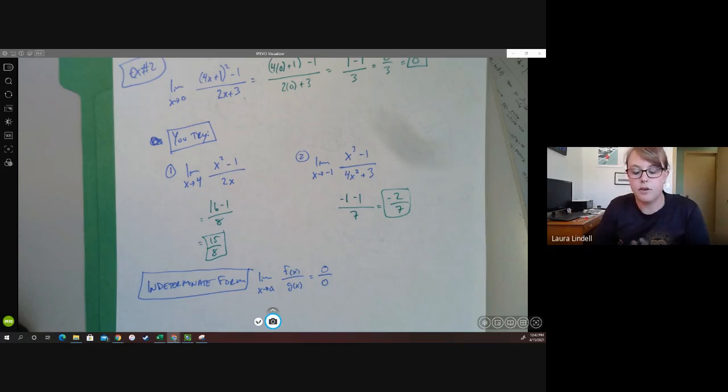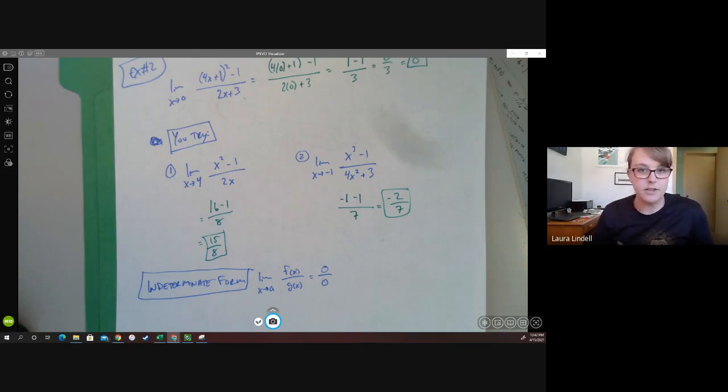And so when we end up with indeterminate form, there are some things that we can usually do to simplify what we're working with before we take the limit. So if you end up with indeterminate form, you might want to pause and go, okay, let's see if there's some more steps that we can do beforehand, and then try to take the limit again.